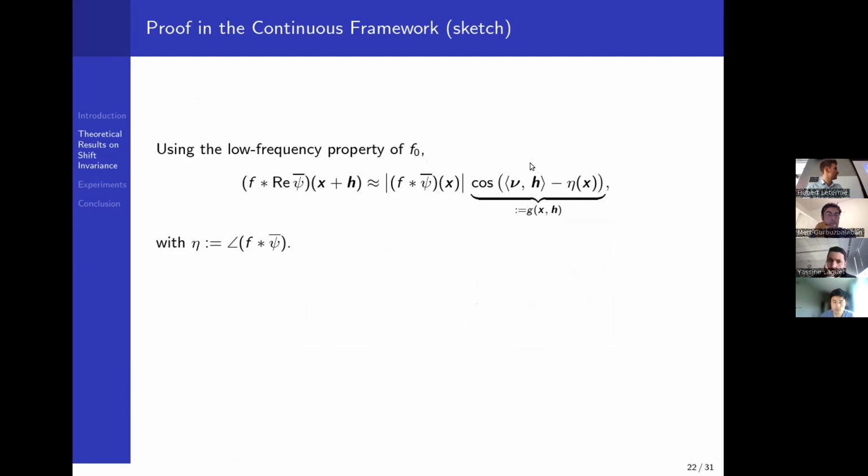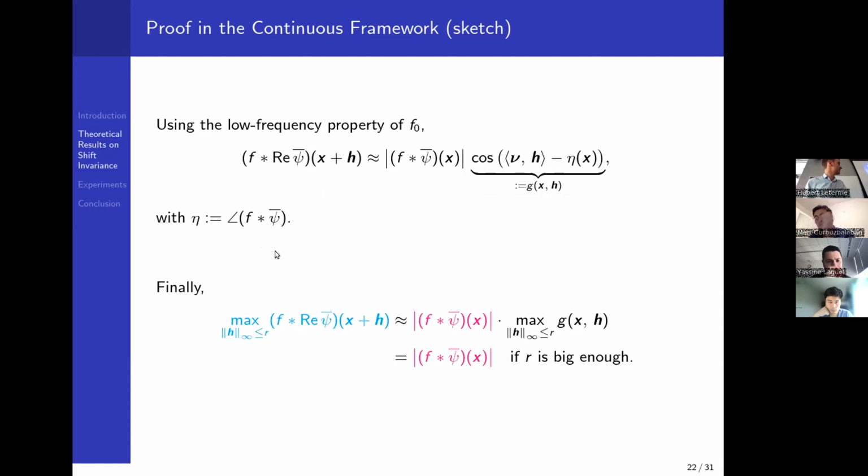So now we use this low frequency property of f0 to prove this approximation. So the cosine term here, which is denoted by G, depends on the filter's characteristic frequency nu, as shown here, a vector h, and eta, which is the phase of f convoluted with psi. Now we consider the maximum value of this over a window of size r.